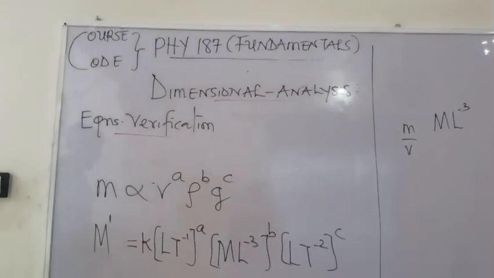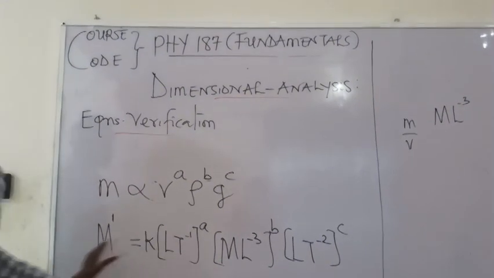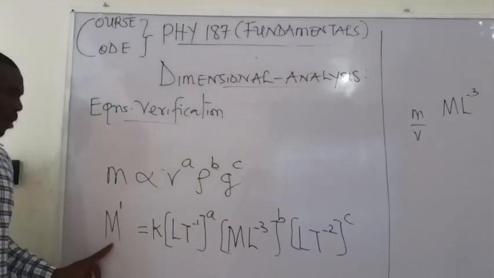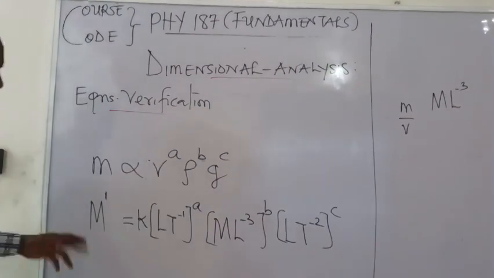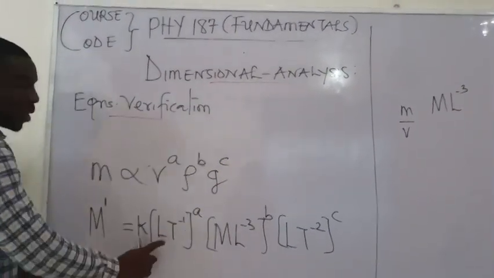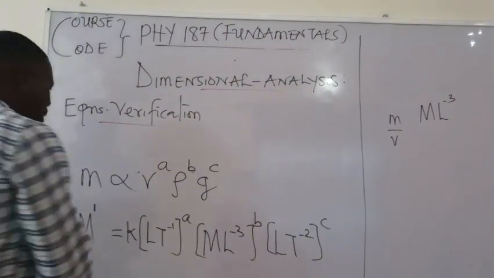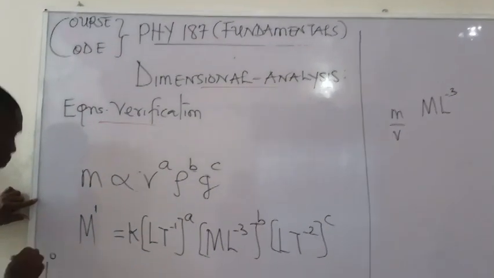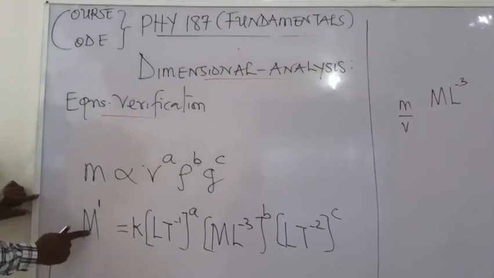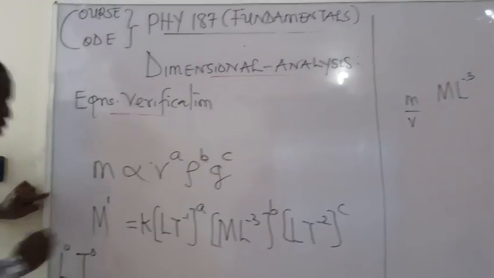Now, if you look at both sides of this equation, you would see the mass is on the left-hand side and also on the right-hand side. But there are terms missing on the left-hand side, which are length and time. What it simply tells you is that on the left-hand side, the length is raised to power 0, and time also, which is not there, means it's raised to power 0.